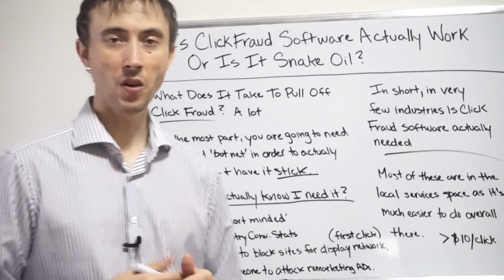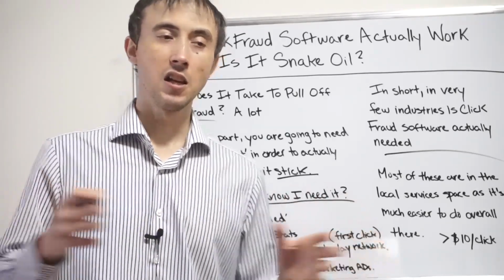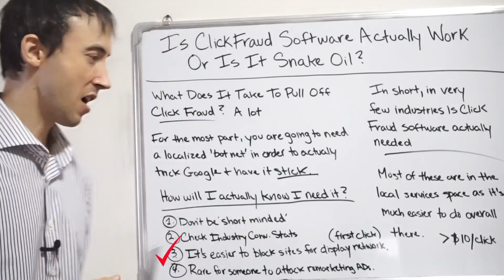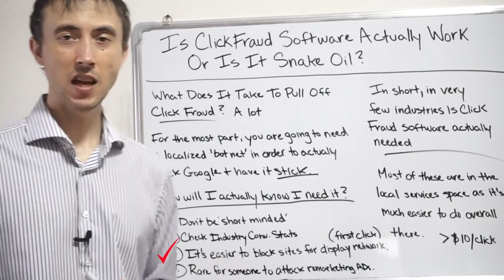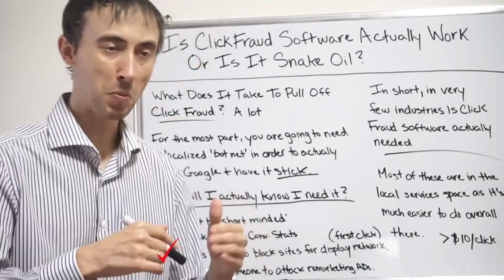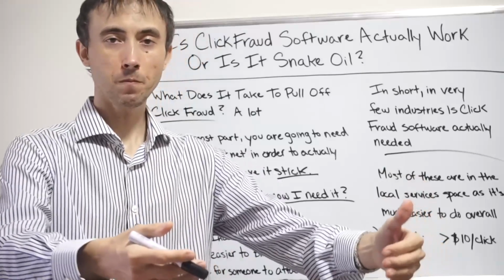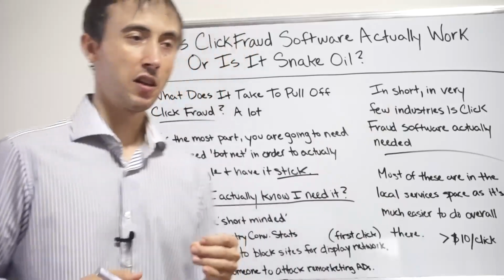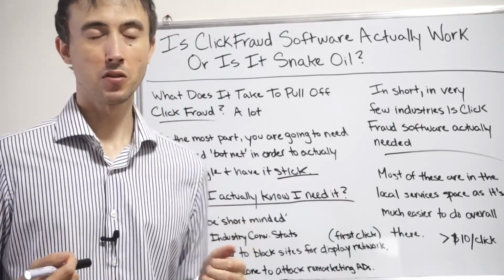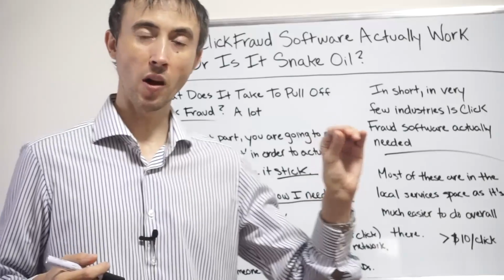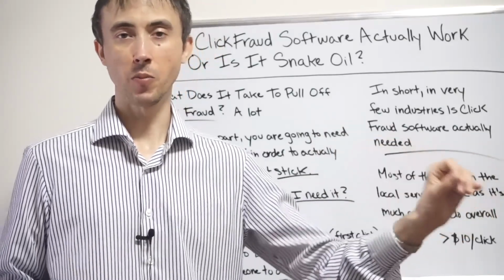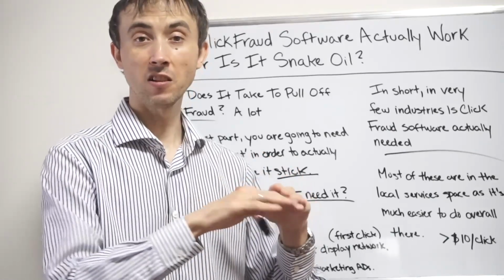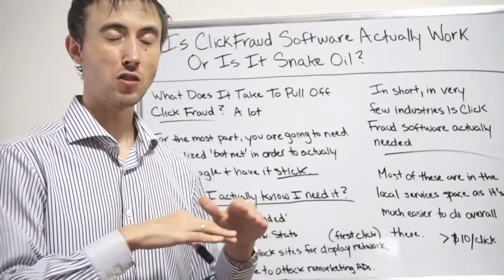Some people get the click fraud software for display advertising, and for the most part, it's really not needed. If you're talking about Google Display Network advertising, and you're trying to get new people who have never heard of you before to come to your site, in terms of blocking the fraud clicks there, I've found it's much more sensible to just go to, after running the ads, the "where are my ads run?" report in Google Ads, and find the places that have an irregularly high amount of clicks and then just block them.